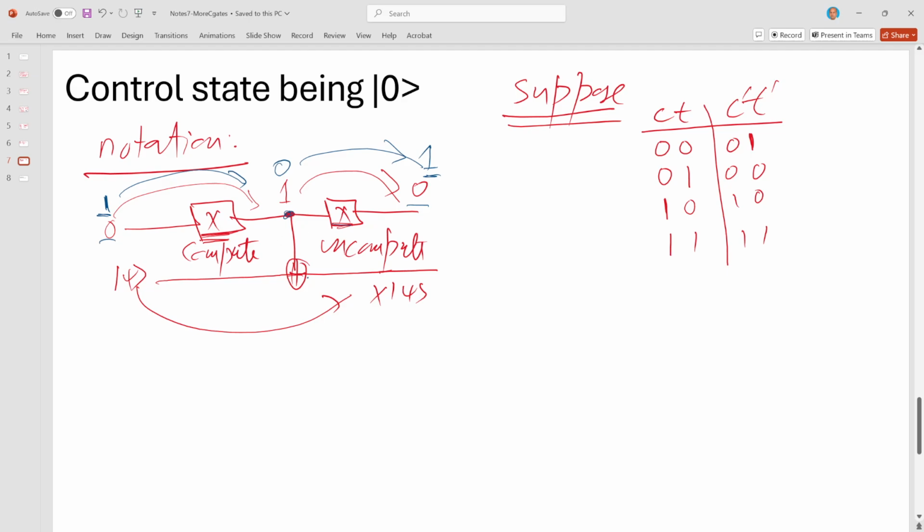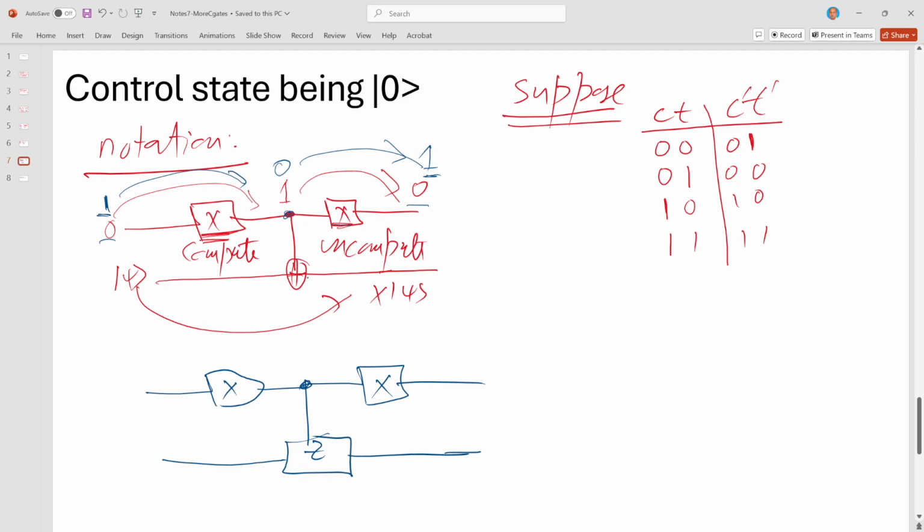This type of circuit is actually very commonly needed. For example, sometimes we need a control Z gate like this, or some control rotation, or some other controlled circuit where I want the control active on state 0 and not on 1.